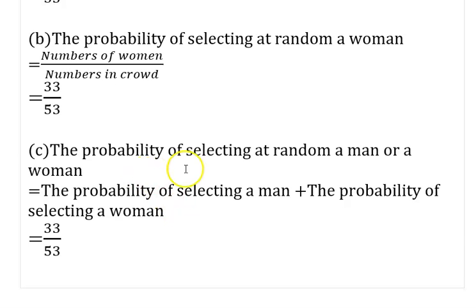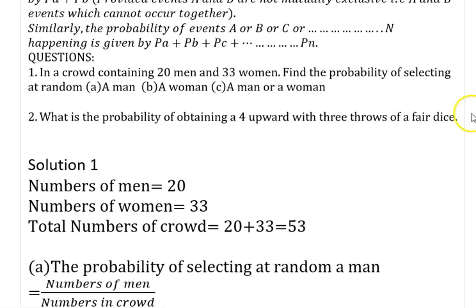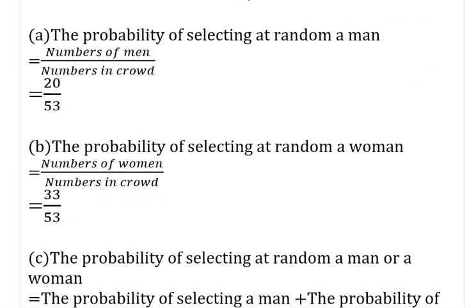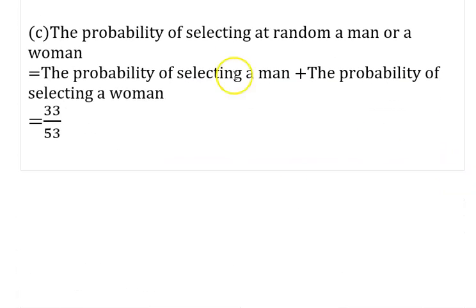Great. Since we've been able to find the probability of selecting at random a man, which is 20 over 53, and a woman, which is 33 over 53, it will make our job easier.